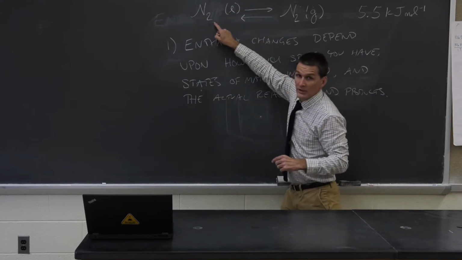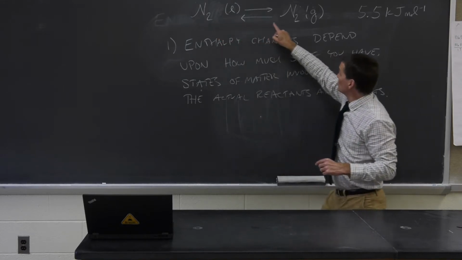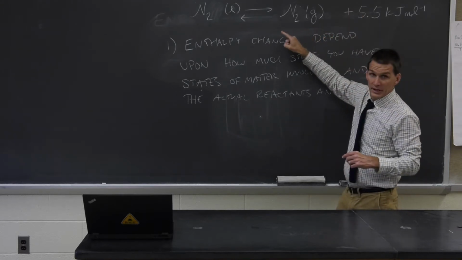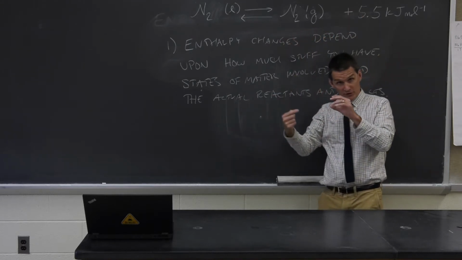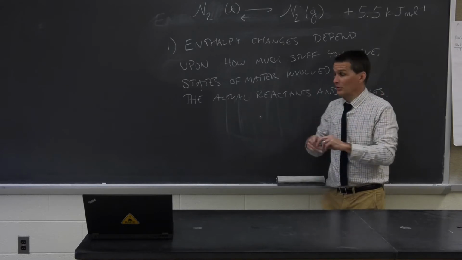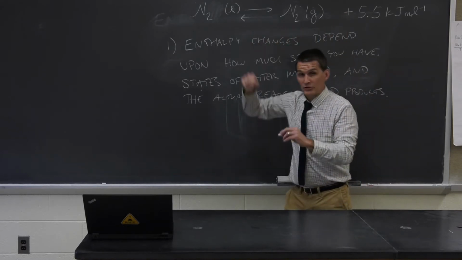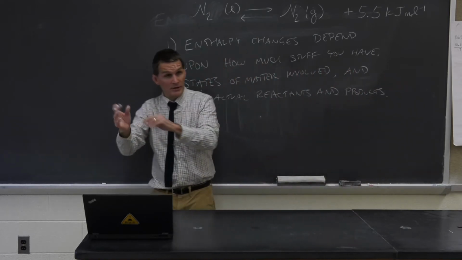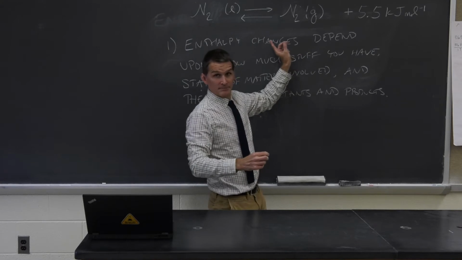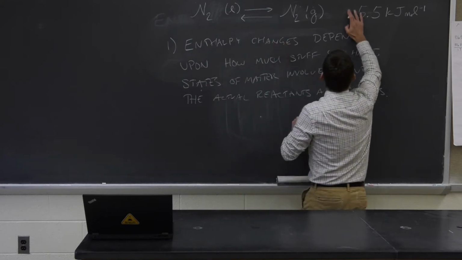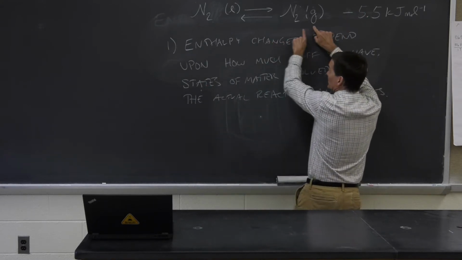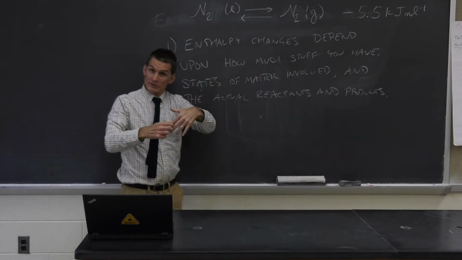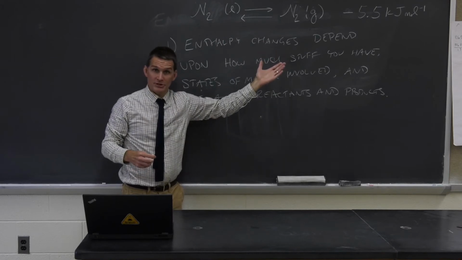If it takes 5.5 kilojoules to evaporate a mole of nitrogen, that's going to be positive because you have to put energy into the nitrogen to get it to boil. If we reverse it so that we take a mole of nitrogen gas and condense it into a liquid, then we're going to reverse the sign. The condensation of gaseous nitrogen to liquid nitrogen actually releases this amount of energy.